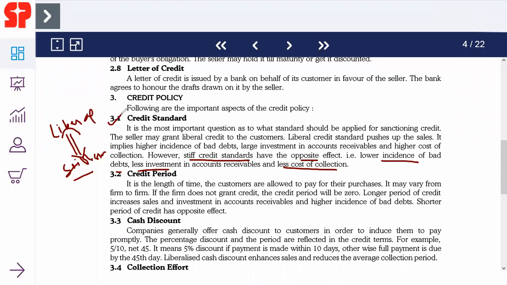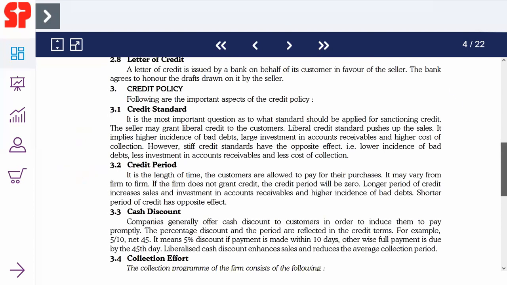You can select, say, that 50% you should pay in cash, 50% you can give in credit. So this will be a good approach. Depending upon the business, how much risk they are willing to take and based on their capacity, they can determine their credit standard. That should be decided first by every organization.